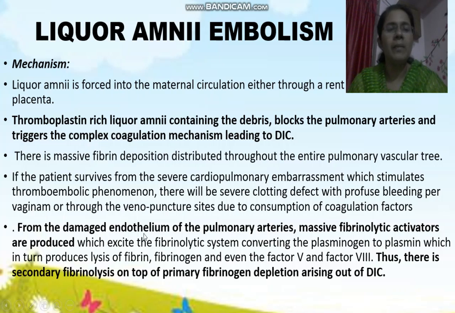From the damaged endothelium of the pulmonary artery, massive fibrinolytic activators are produced, which excite the fibrinolytic system, converting plasminogen to plasmin, which in turn produces lysis of fibrin, fibrinogen, and even factors 5 and 8. Thus, there is secondary fibrinolysis on top of primary fibrinogen depletion arising out of disseminated intravascular coagulation.